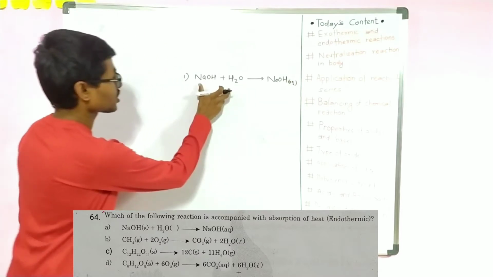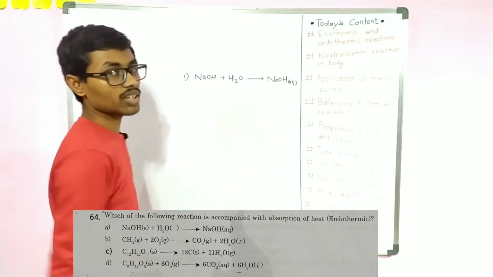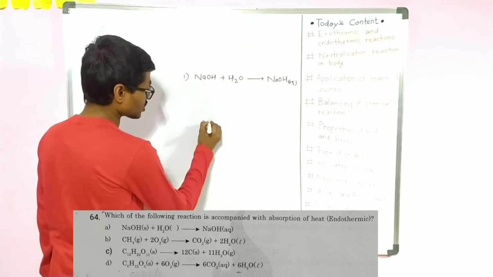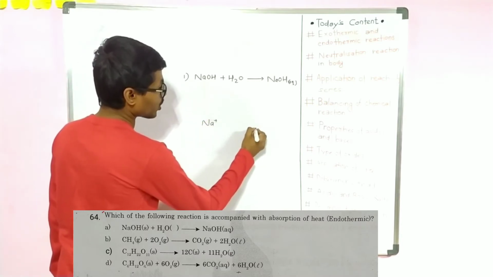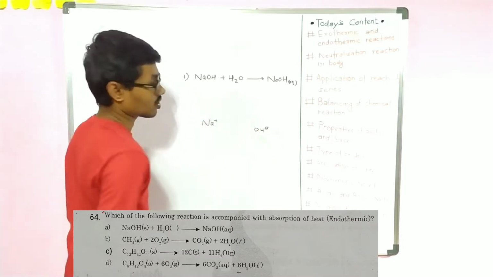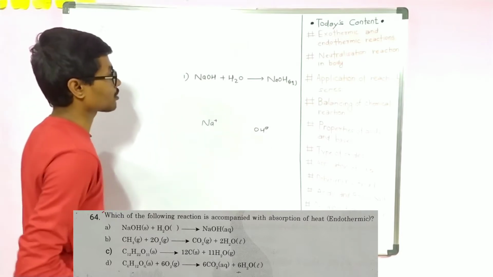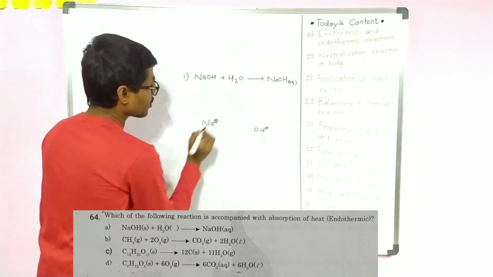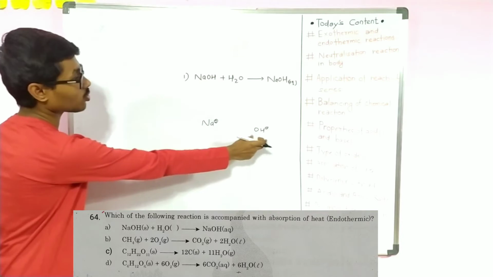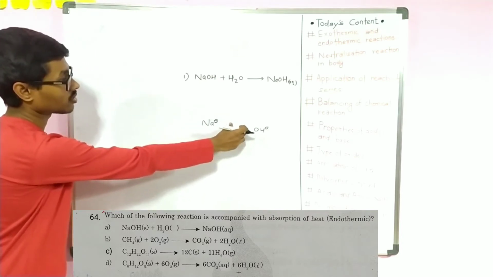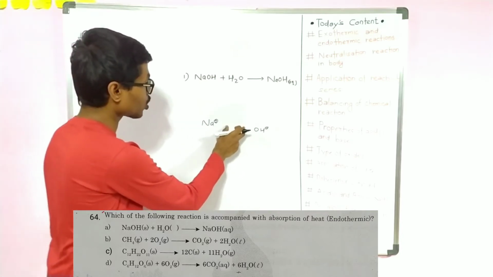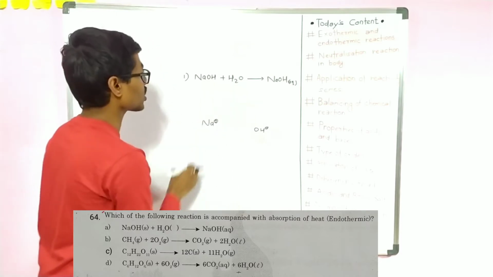When NaOH is dissolved in water, Na plus and OH minus will separate. Many students will say that the Na plus and OH minus bond has been broken, so we have to provide heat, but that is not correct.